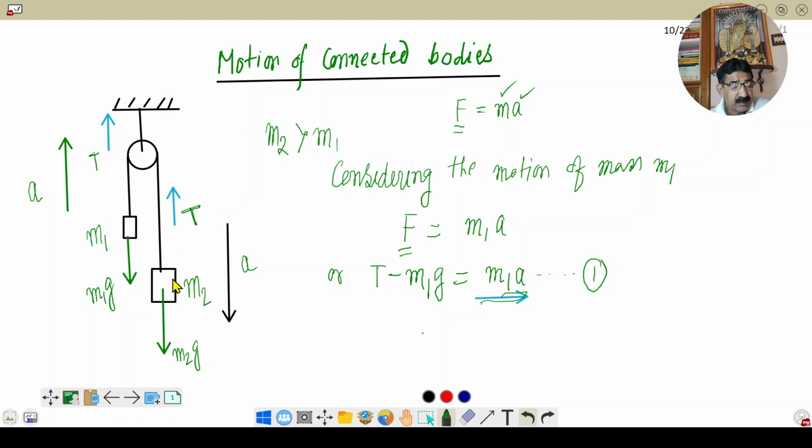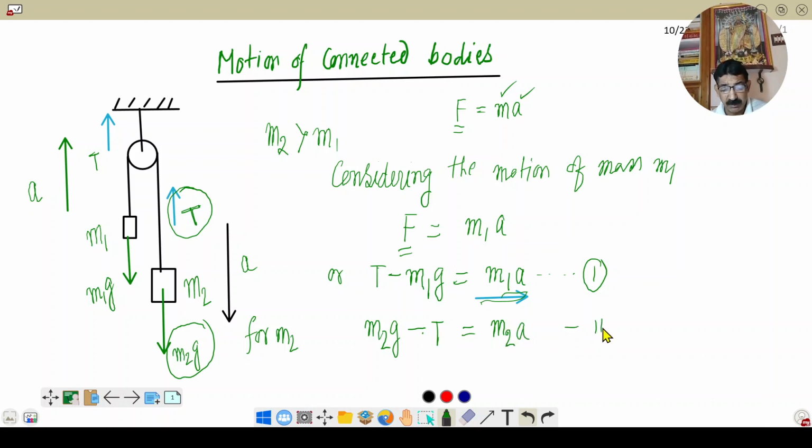Tension on the body applied by the rope acts vertically upwards, and as the body moves downwards, M2G is greater than T. So the net force acting on this body is M2G minus T, which is equal to M2 into A, as in the case of M1 replaced by M2. And this is equation number 2.